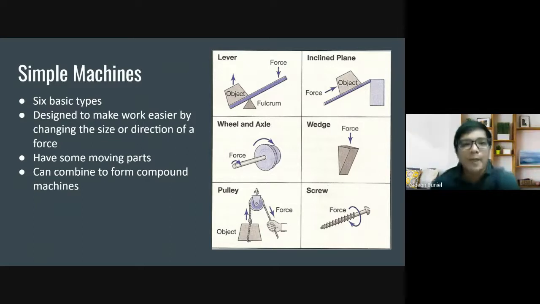That's why most of our consumer electronics products have screws to make them fixed and not movable, as I've said earlier. Now that's for the simple machines. Again: lever, inclined plane, wheel and axle, wedge, pulley, and screw. Those are the six basic types of simple machines.